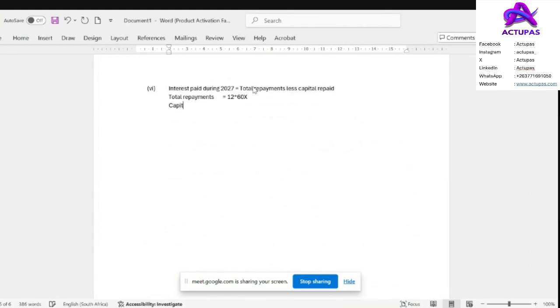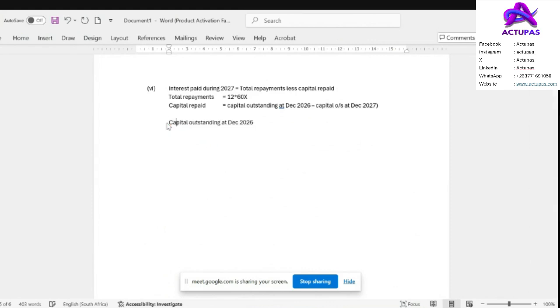So capital repaid will be equal to the loan outstanding at December 2026 minus capital outstanding at December 2027.